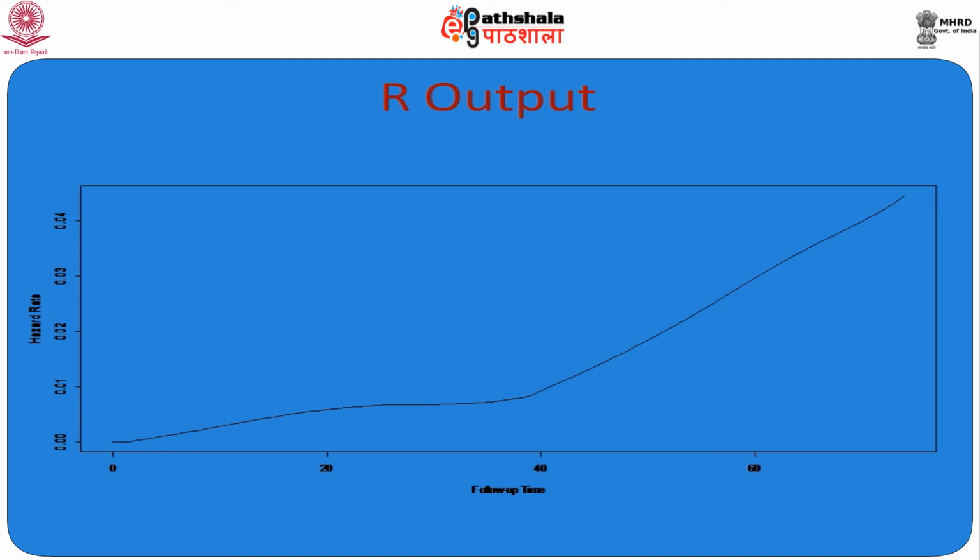So this is one kind of cumulative hazard rate and an alternative to the Kaplan Meier curves. As follow-up time increases, Kaplan Meier curves keep decreasing. Here as follow-up time increases, hazard rate function values keep increasing, as an alternative to the Kaplan Meier values.